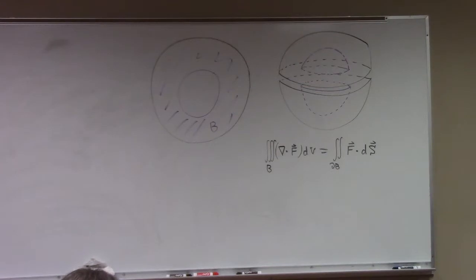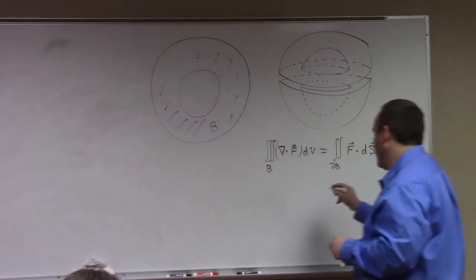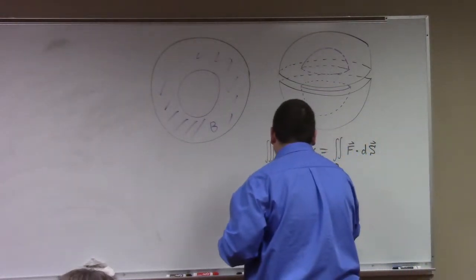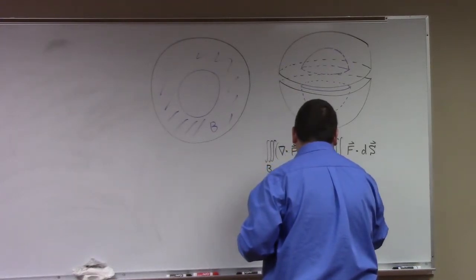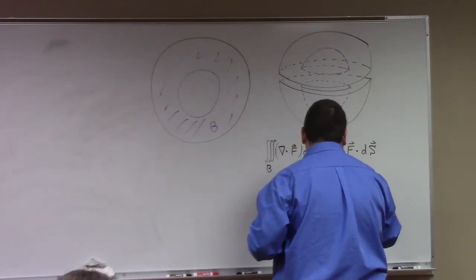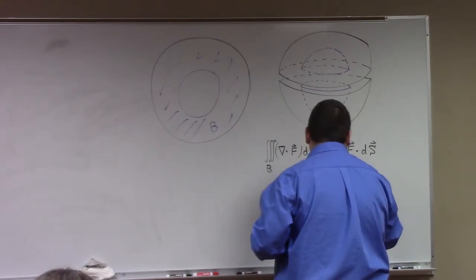But the thing is, the boundary of B, this is where it gets sneaky. The boundary of B is the outer unioned with the inner.